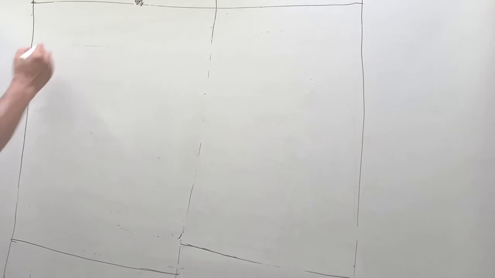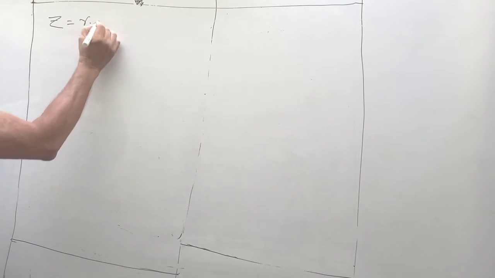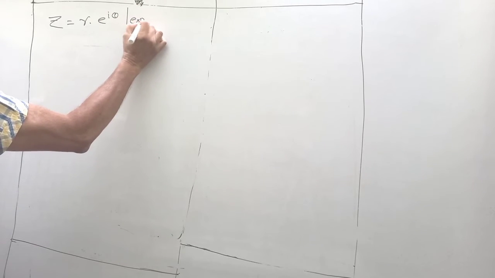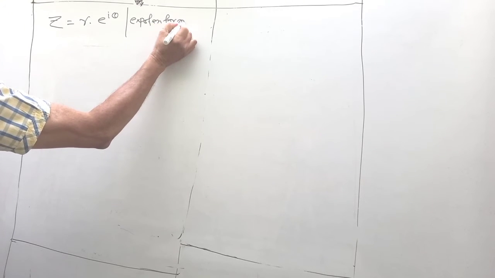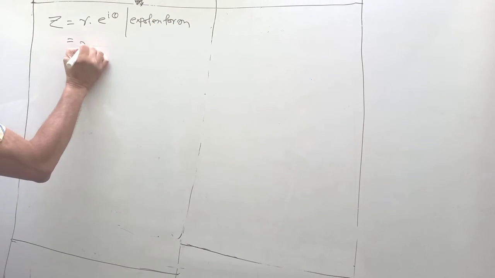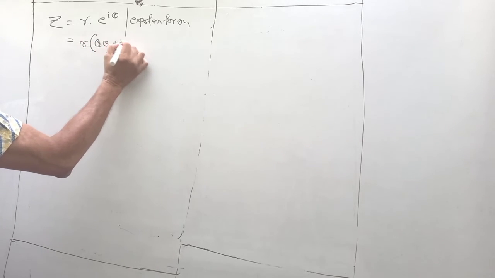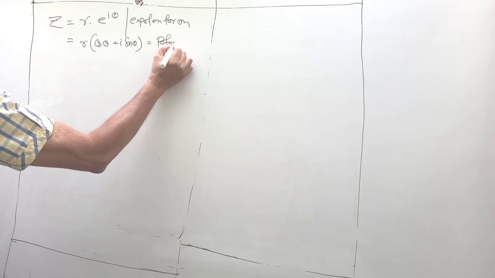Now, complex number z equal to r e to the power i theta is known as the exponential form. Also, we can say r(cos theta + i sin theta) is known as the polar form.